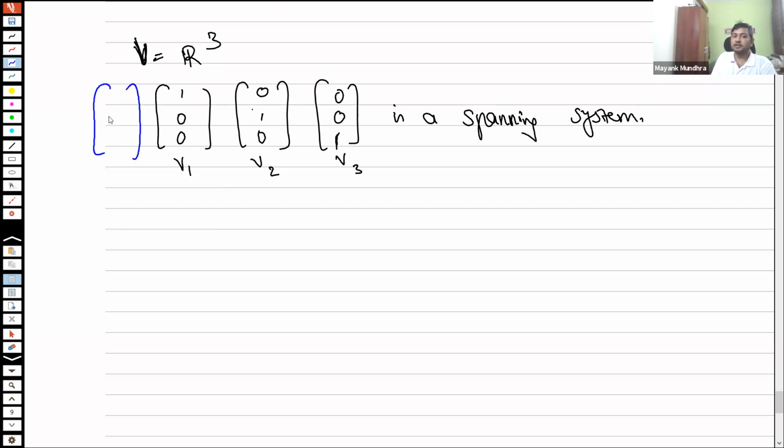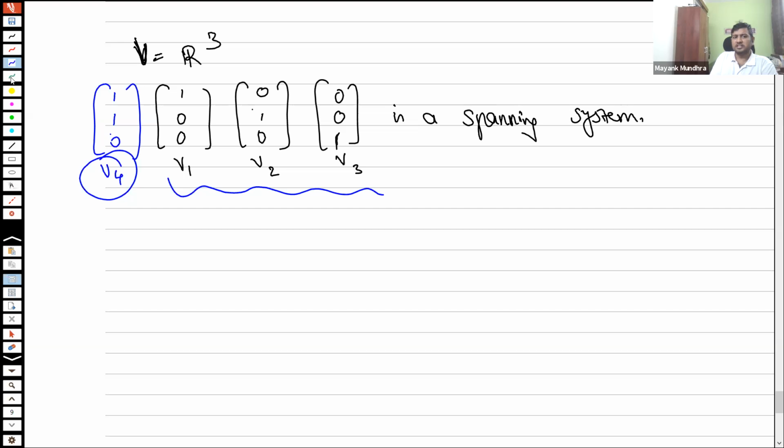Suppose I add another vector (1, 1, 0) as V4, it will still remain a spanning system. I can still reach all the vectors. Even these three vectors are sufficient to do it. You add another vector, no problem. You can add the vector (0, 0, 0) to it, no problem. As long as three people are taking the burden, additional people are not going to harm you. It will still remain a spanning system.